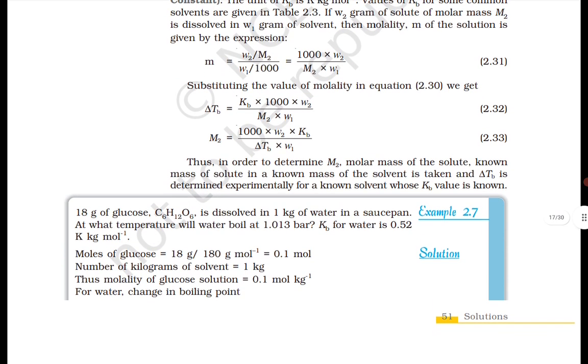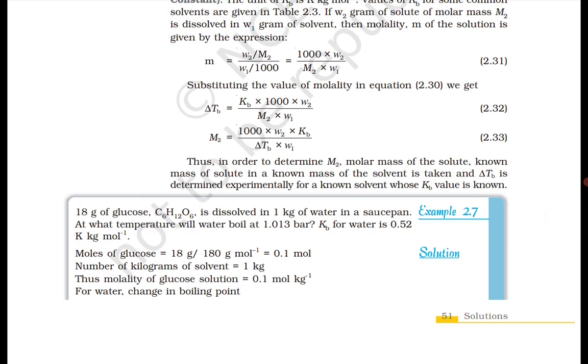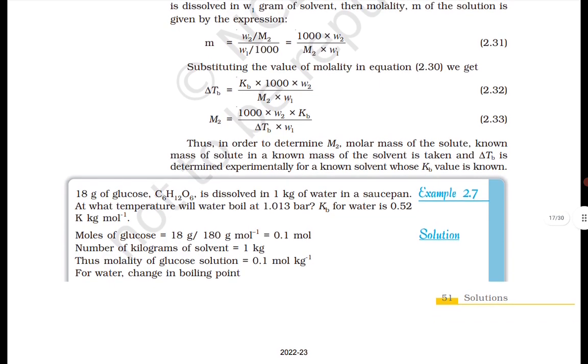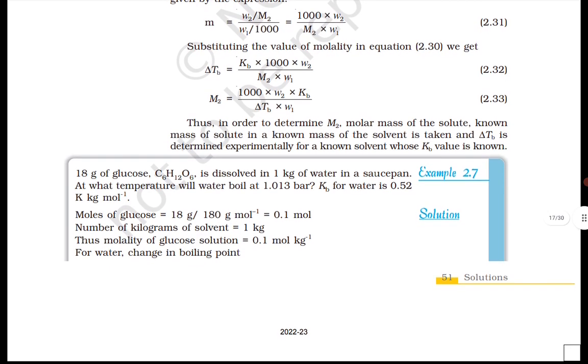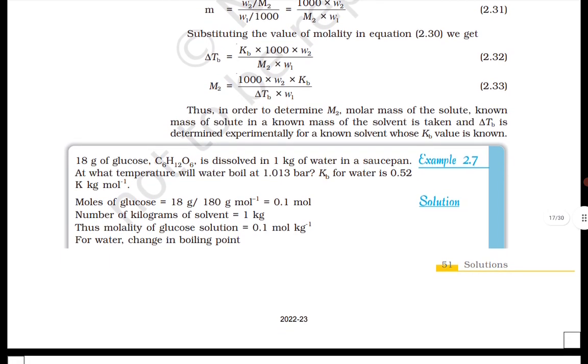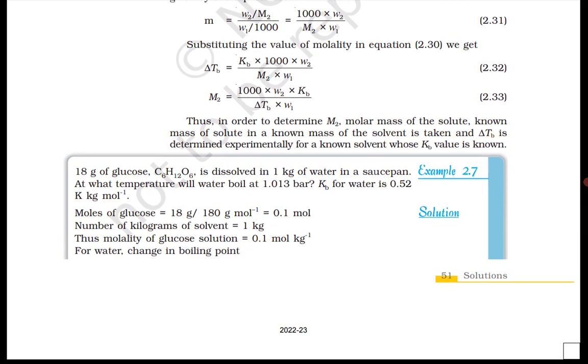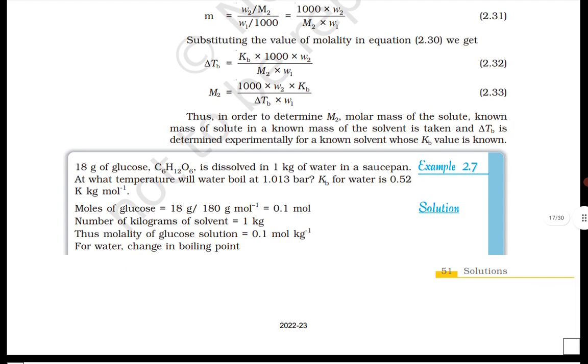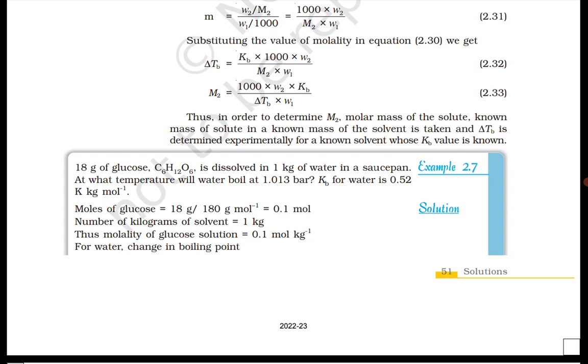If W2 gram of solute of molar mass M2 is dissolved in W1 gram of solvent, then the molality m of the solution is given by the expression m equals W2 by M2 by W1 by 1000, equals 1000 into W2 by M2 into W1, equation 2.31.